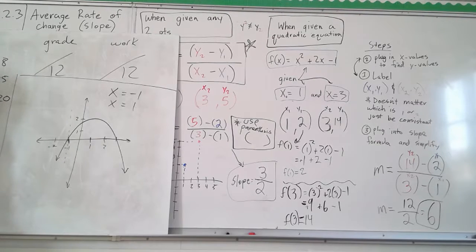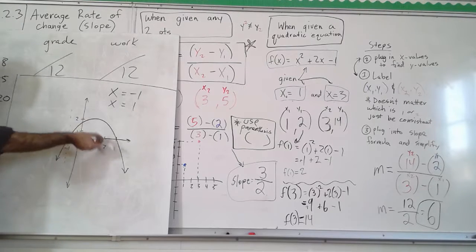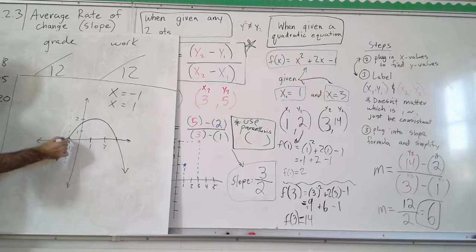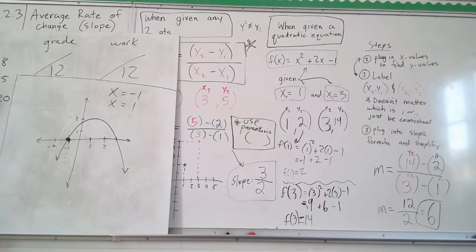What is the intersection of this -1 for my x and the parabola? Where do they intersect? Right there? So I know that this point right here is at -1, 0. I'm going to say that's my 1 group. So that's my x sub 1, y sub 1. Doesn't matter which one you choose.